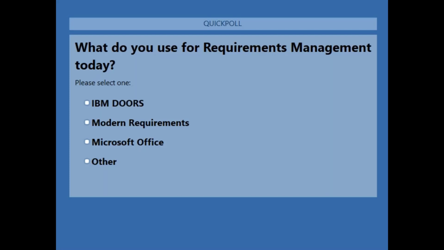How many of you use DOORS and others? We're seeing about 40% of the audience are still using Office. 15 or so percent are using DOORS, and a quarter of the audience is using modern requirements. So thank you for that.